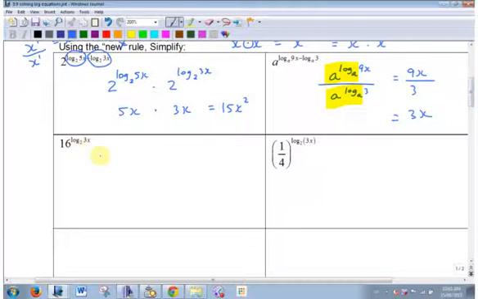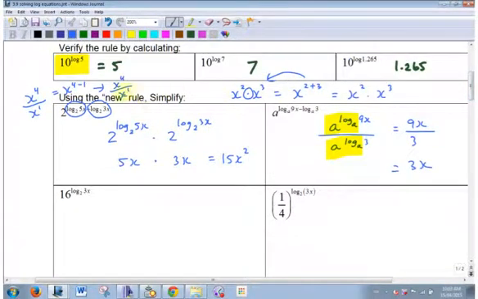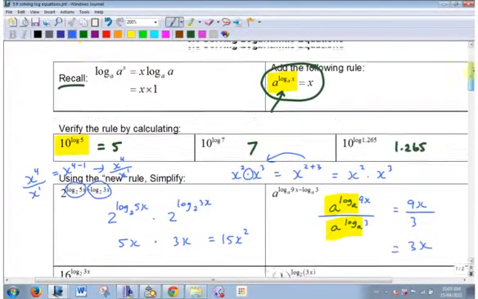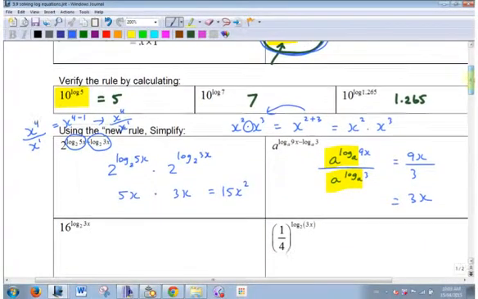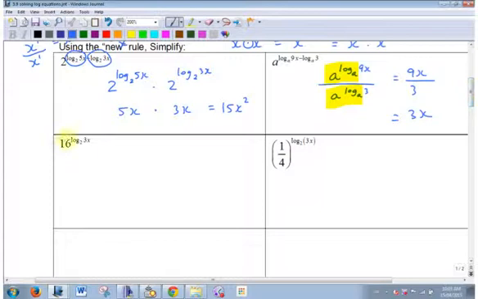Okay, what can I do with that? Using this new rule. So think to yourself, what can I do? Can I make it look like that somehow? What do I want that base to be? I want this base to be the same as that base. Yeah. 16 is what? It's 2 to the power of 4.